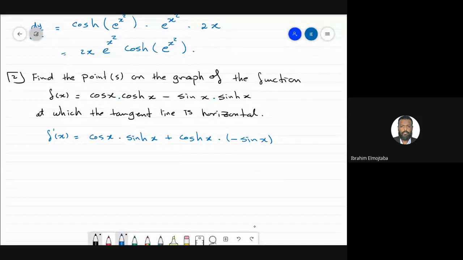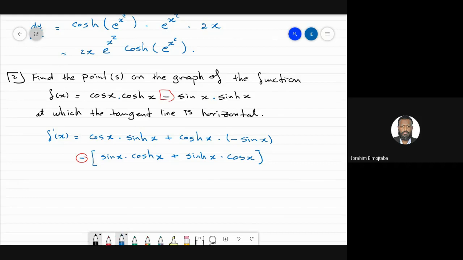Then we have a negative sign outside, so we have minus, but then brackets, again multiplication. First one, sine x, multiplied by the derivative of the second one, hyperbolic sine, derivative is hyperbolic cosine x. Plus second one, hyperbolic sine x, multiplied with the derivative of the first one, sine x, which is cosine x. Notice that the negative sign is taken outside, so here it's a plus sign in between.